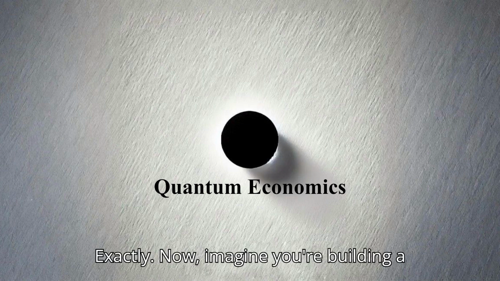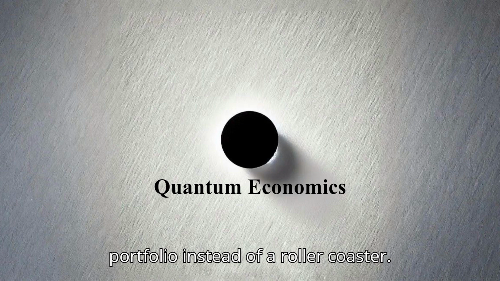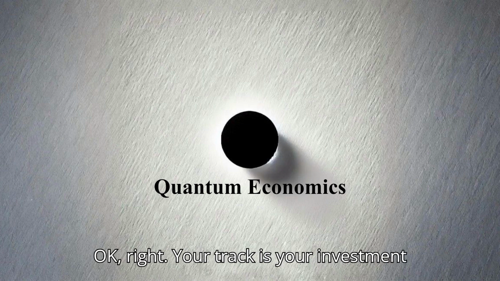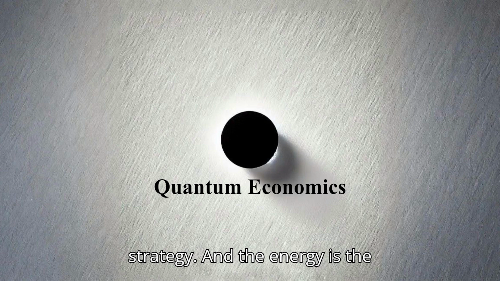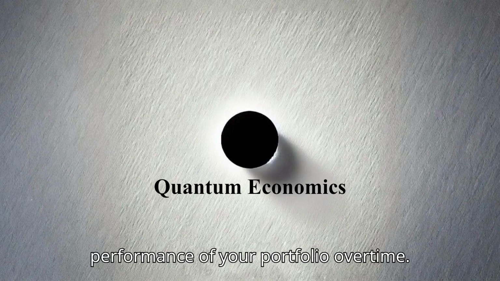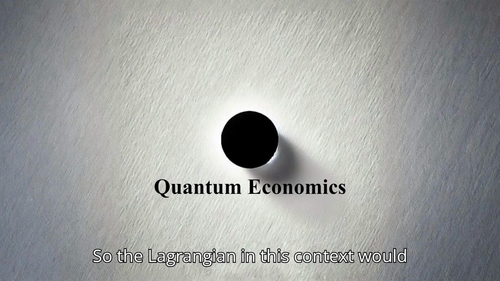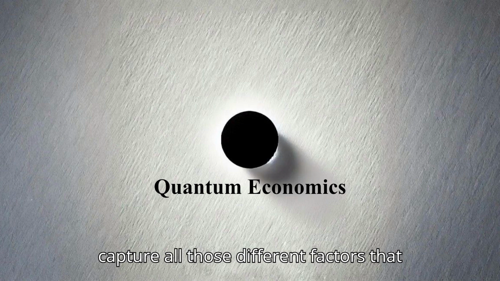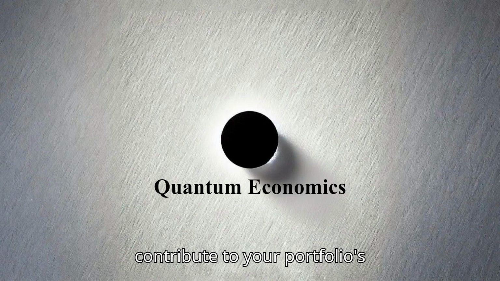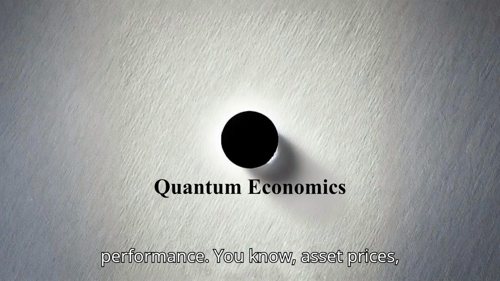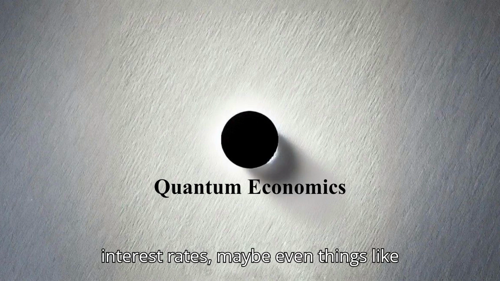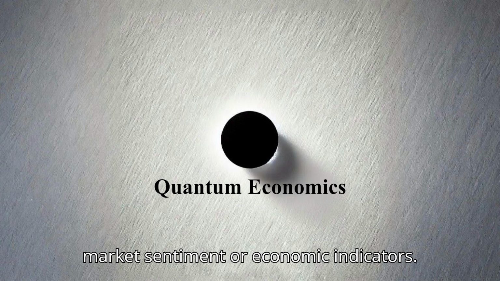It's like the blueprint for how much energy the roller coaster needs to make it through those loops and twists. Exactly. Now, imagine you're building a portfolio instead of a roller coaster. Your track is your investment strategy, and the energy is the performance of your portfolio over time. So the Lagrangian, in this context, would capture all those different factors that contribute to your portfolio's performance: asset prices, interest rates, maybe even things like market sentiment or economic indicators.